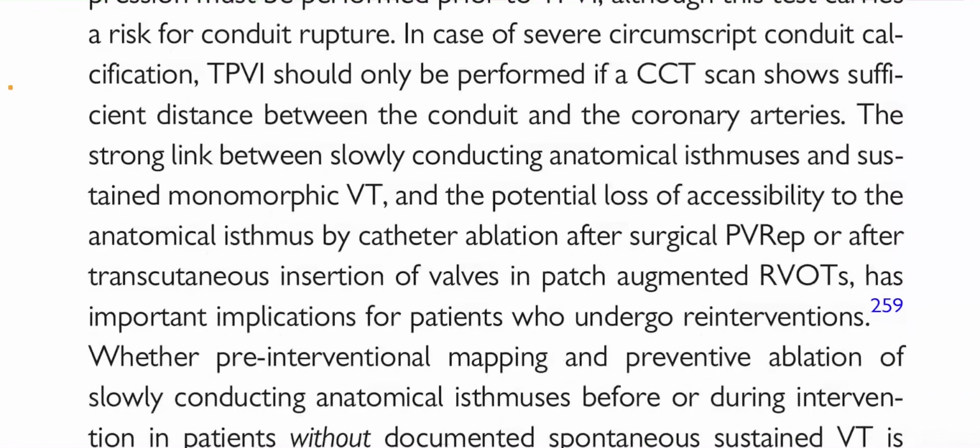The strong link between slowly conducting anatomical isthmuses and sustained monomorphic VT, and the potential loss of accessibility to the anatomical isthmus by catheter ablation after surgical PVR-EP or after transcutaneous insertion of valves in patch-augmented RVOTs, has important implications for patients who undergo re-interventions.